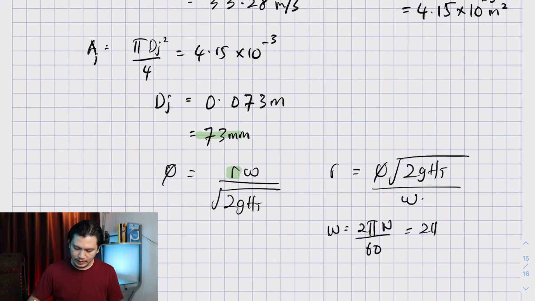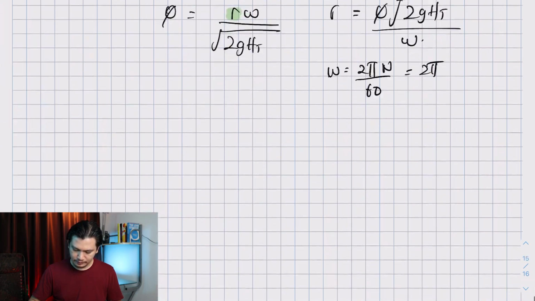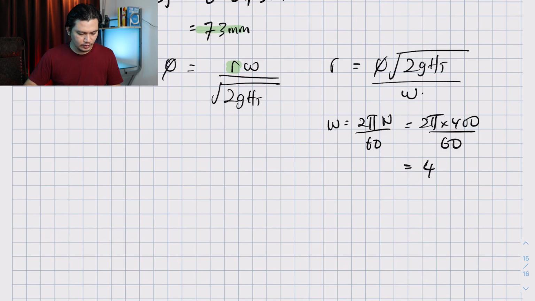So this is 2 pi times our n, which is 400, divided by 60. So that's 2 pi times 400 divided by 60. This is 41.89 radian per second. Okay, now we can find r.